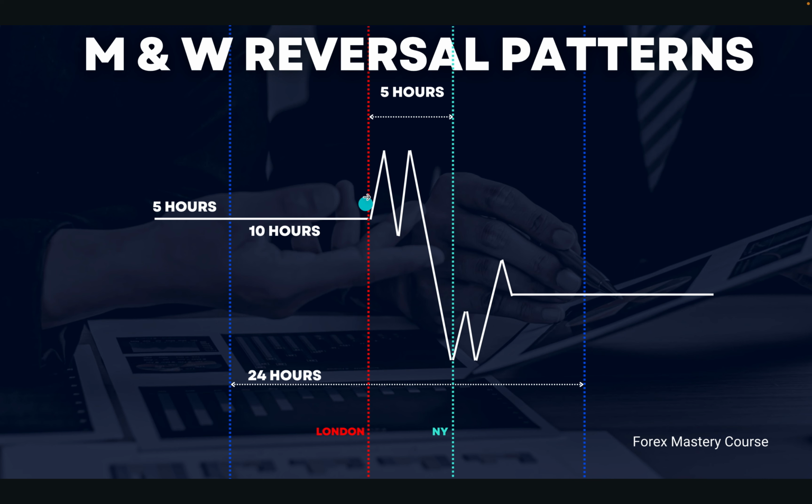Normally, it is the breakout or the induction. We can see the breakout of consolidation. We have a little M formation off the high, come down. 5 hours later, we're looking at New York session, W formation off the low. And then we end the day in consolidation to start the next day in consolidation.